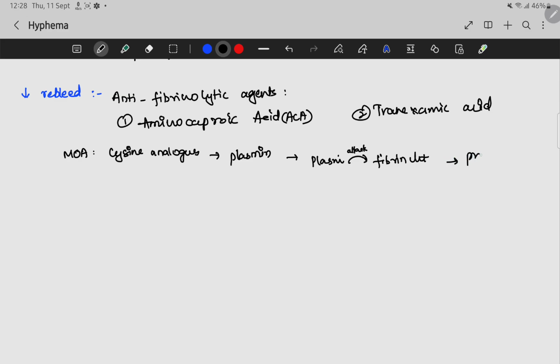So it prevents clot dissolution. Okay, so this is the thing.